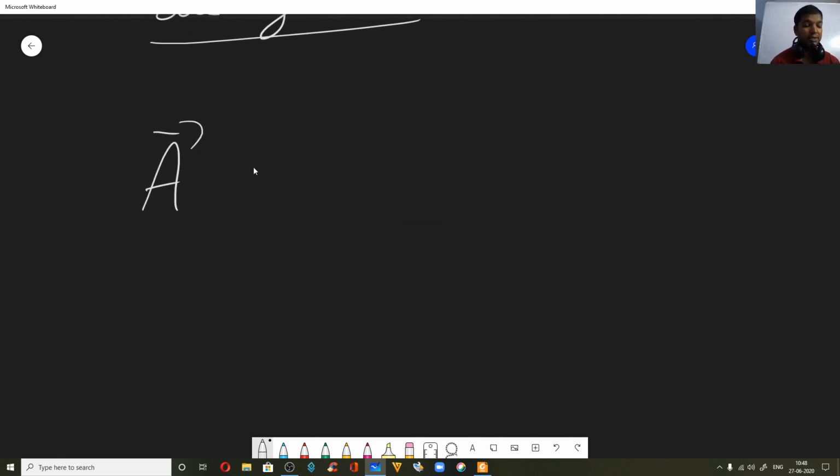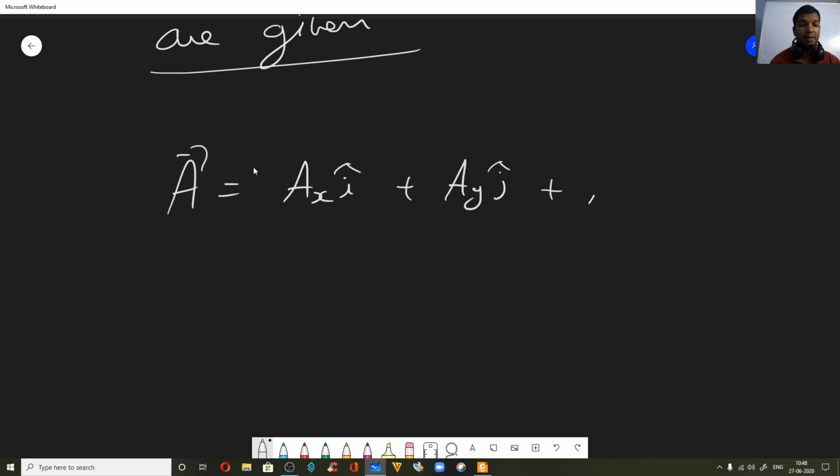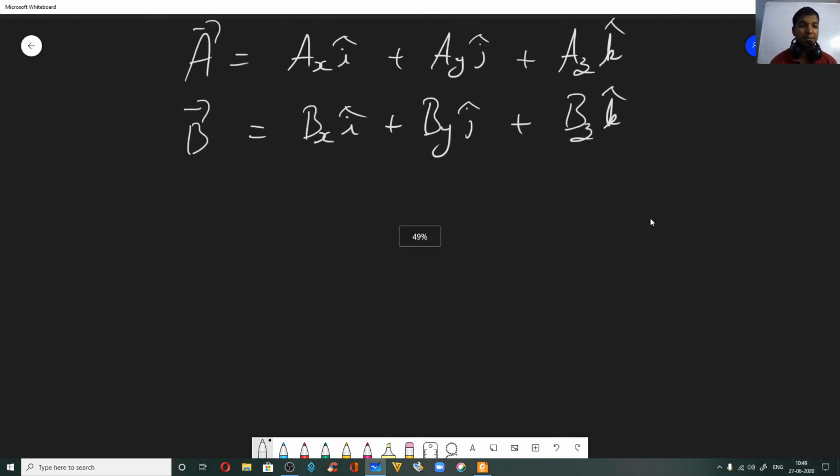So vector A is given as ax i cap plus ay j cap plus az k cap. Then you have vector B, which is bx i cap plus by j cap plus bz k cap. Right, now how to perform cross product, it's easy.